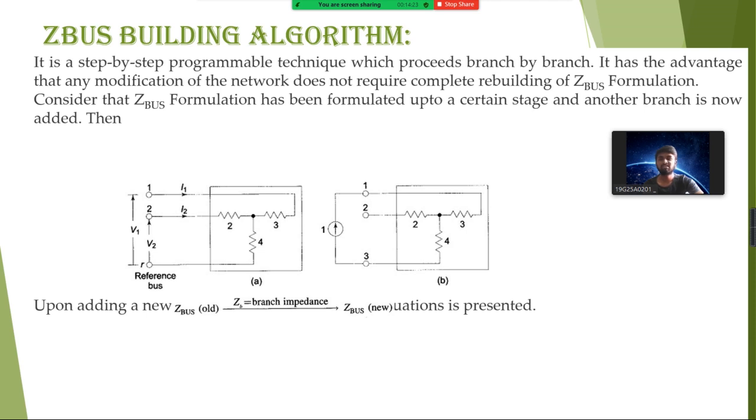It has the advantage that any modification of the network does not require complete rebuilding of the Z-bus formulation. Consider the Z-bus formulation has been formulated up to a certain stage, and another branch is now added. Then this circuit will come into picture.